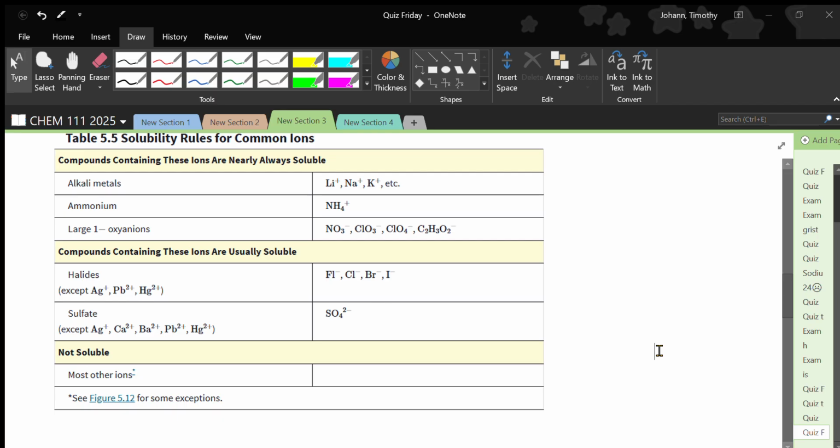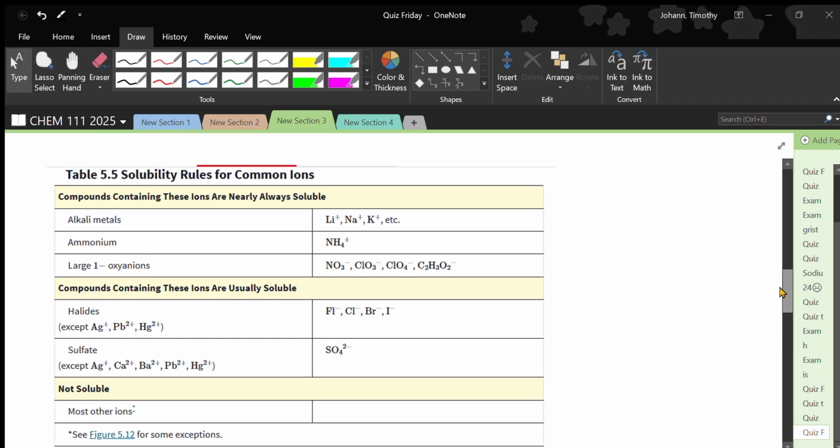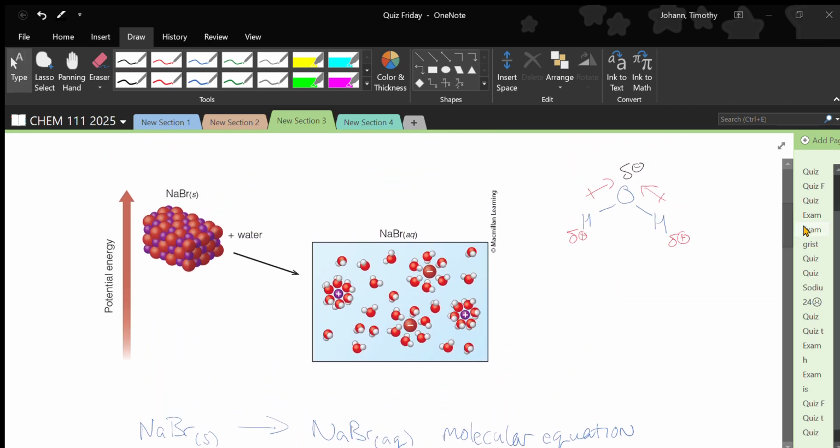But so we can think about when we bring together these ions. So far, I've talked about things that are very soluble in water, all right? So what you have when you think about that ionic crystal, we have ionic interactions which are very strong between the sodiums and the bromides.